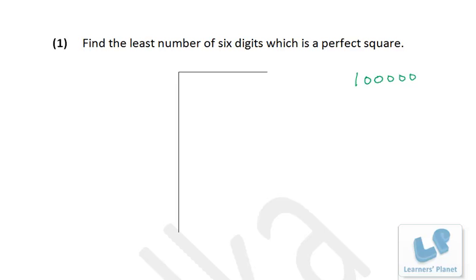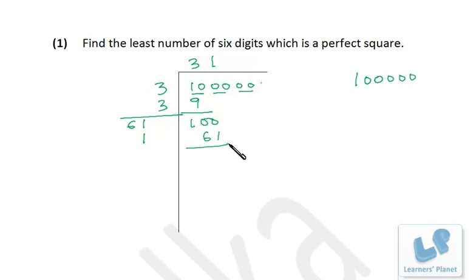So let's begin with that. You have to make pairs. Now 1, then 2 zeros, then 2 zeros. 62 into 2 will be greater than 100, so we'll take 61 into 1. So that's 61. So we are left with 39 and then 2 zeros more.